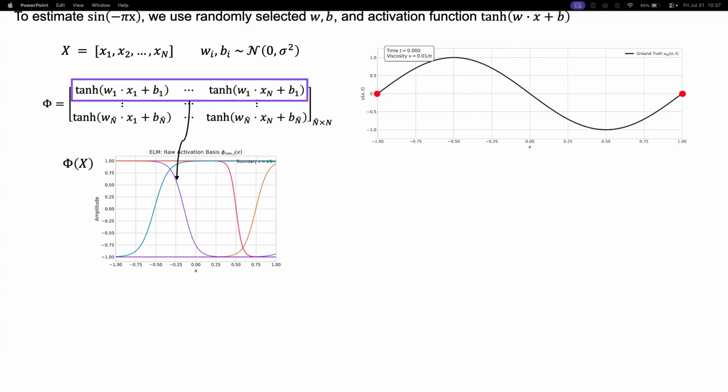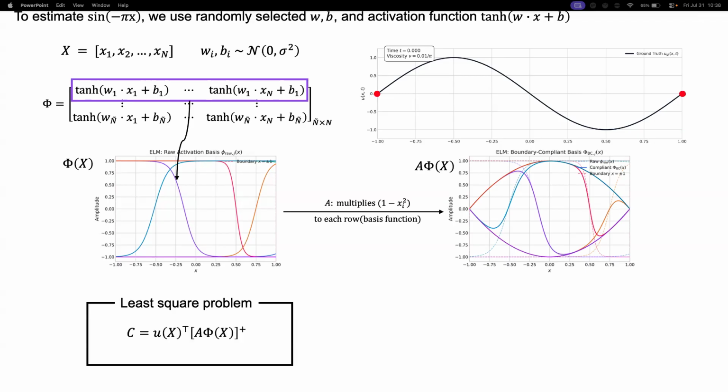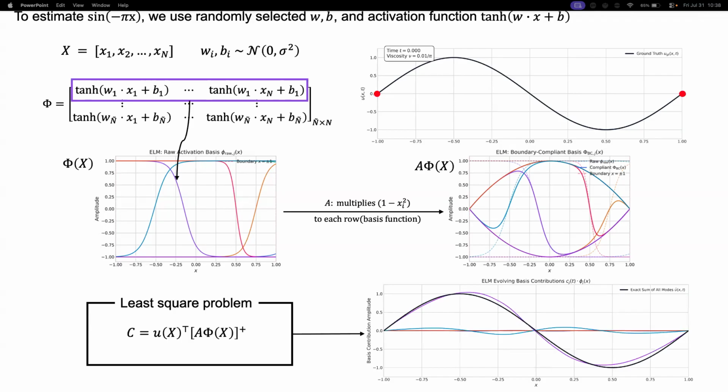Since there is a boundary condition, we multiply each row by 1 minus x squared, so that the left basis function looks like the right one. Then, by solving the least squares problem using the pseudo inverse, it approximates the sine function like this. So it approximates the function very well using the basis.